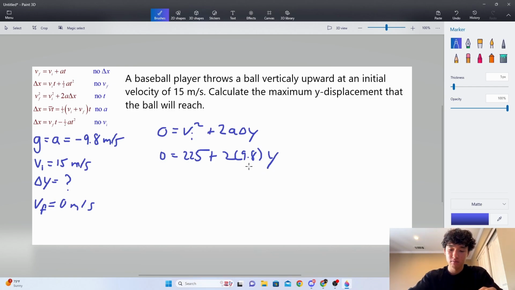So now we have 19.6y plus 225 is equal to 0.